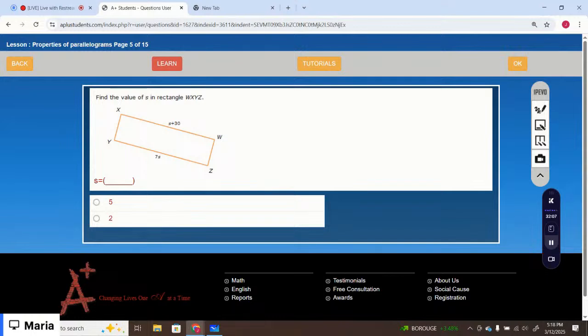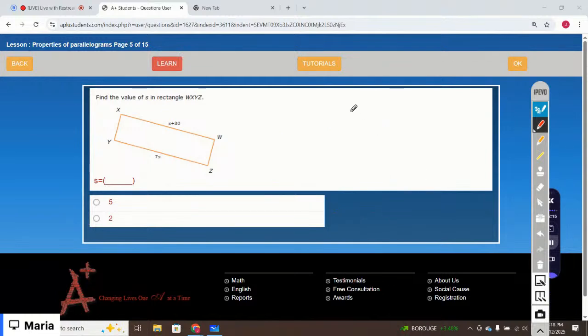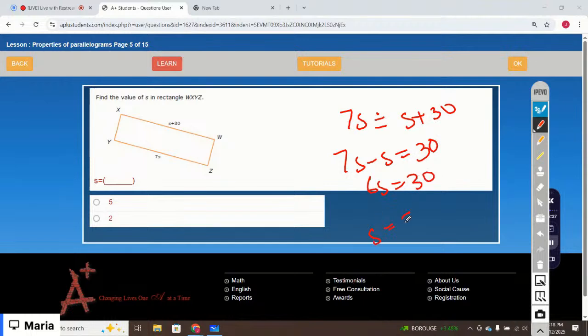The value of s in rectangle WSXYZ. So opposite sides are equal in measurement, right? 7s equals s plus 30. 7s minus s equals 30. 6s equals 30. So s equals 5.